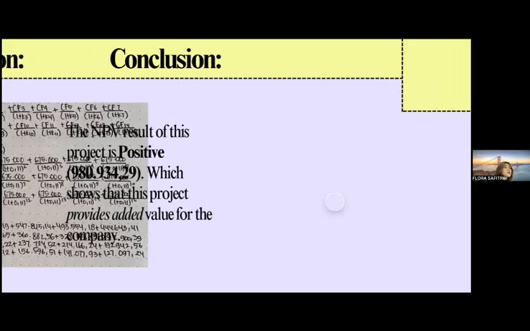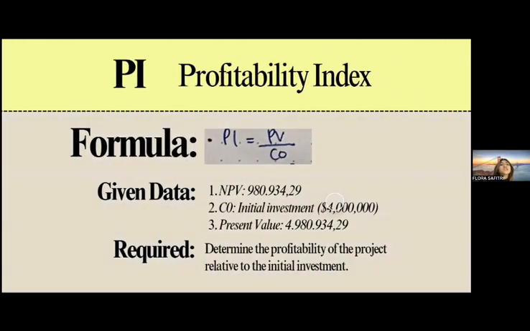Next, we have to search for the profitability index. The formula is present value divided by initial investment. Given data: the net present value result is 934,000.29, and the initial investment is $4 million.